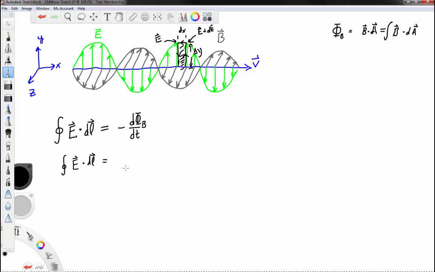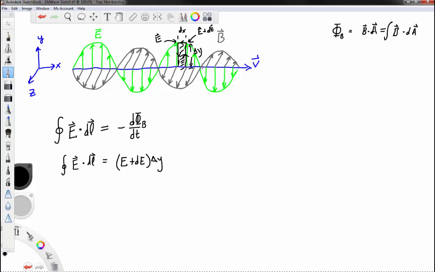And basically that means that for this side we have E plus dE dotted with delta y. Since they're parallel, that looks like E plus dE times delta y.